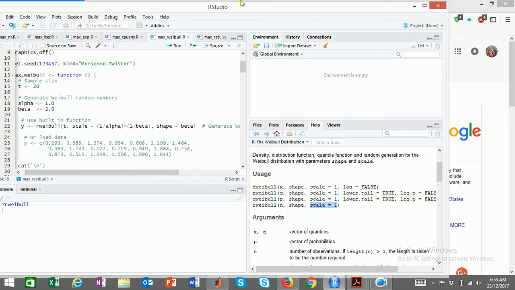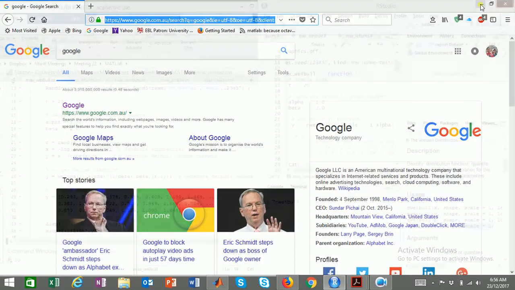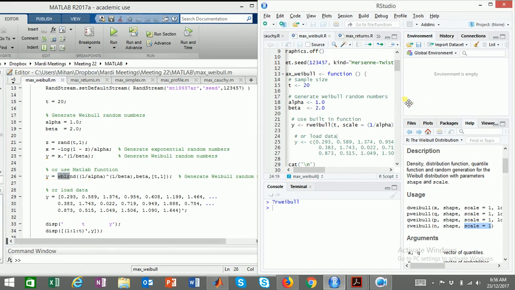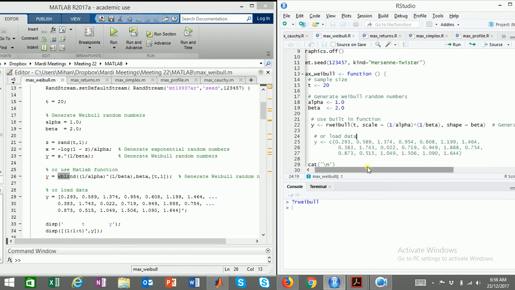If we just run that, that will give us a beautiful Weibull distribution. We can manually generate Weibull numbers with x log 1 by z, or using the MATLAB function wblrnd, to generate Weibull random numbers with functions in MATLAB too.